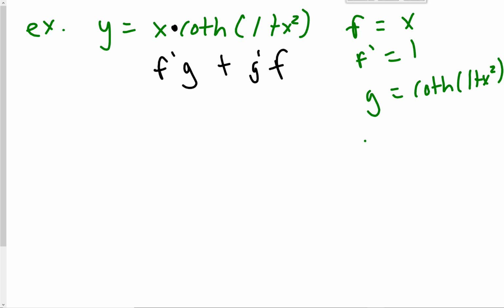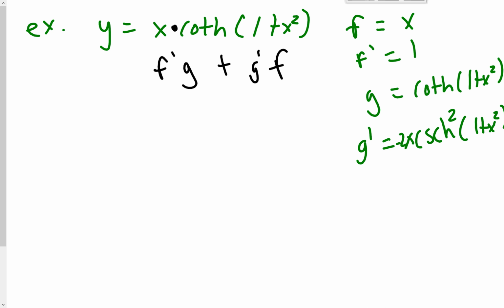And the difficulty is the g prime, right? Which is chain rule. Hyperbolic cosecant squared. Leave the inside alone. Times the derivative of the inside, which is 2x. So there needs to be a 2x and negative 2x. So there you go.